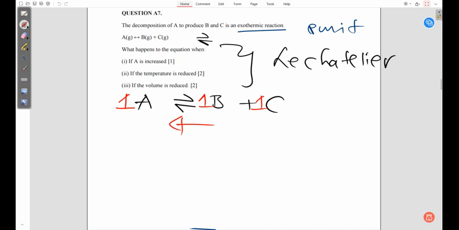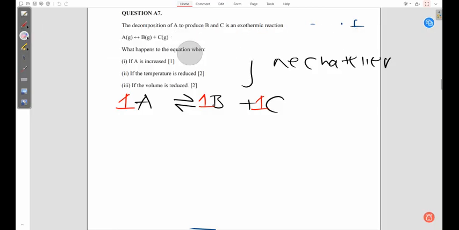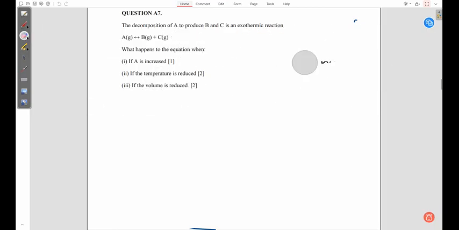We form something that is smaller. And of course the opposite is true. If we were to increase the volume, the reaction would favor the side with more moles. I hope you've now gotten some ideas of Le Chatelier's principle in a simpler and interesting manner.